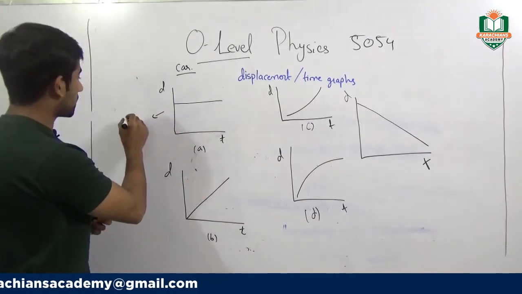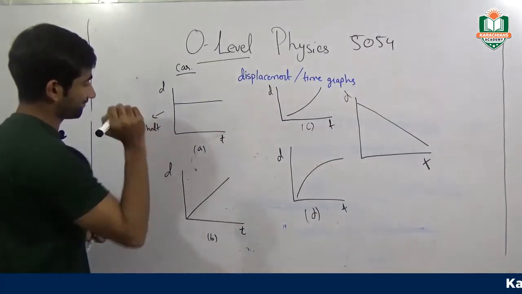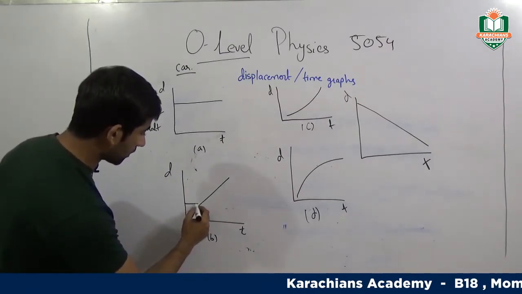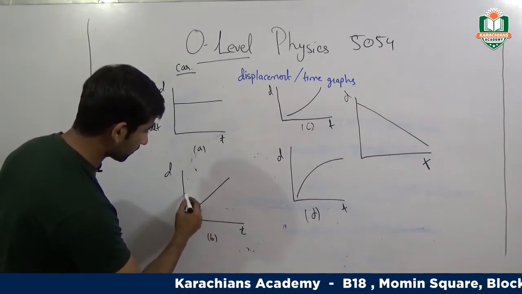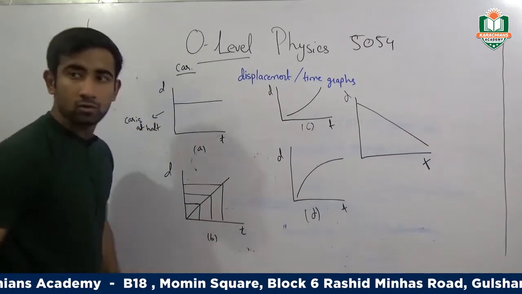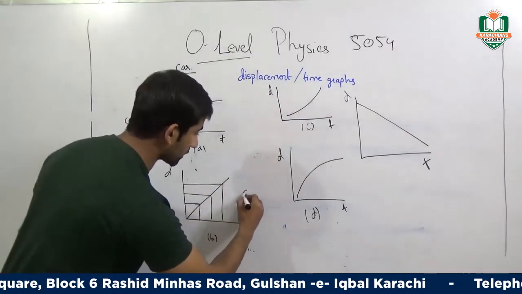So we'll be saying that the car is at halt. In this case, displacement and time are going at a constant rate, so for this, we'll say that the car is moving at a constant velocity.